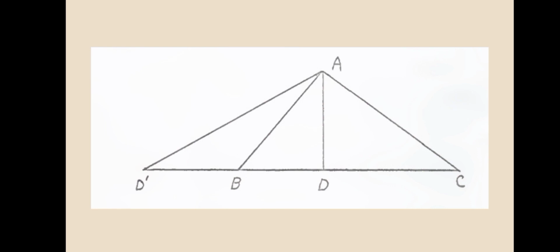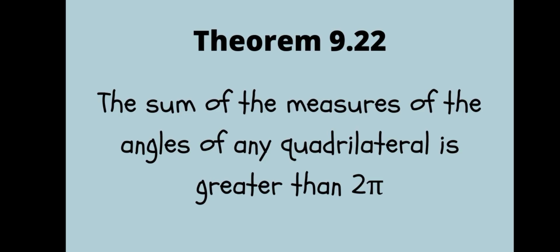The amount by which the sum of the angles of any triangle exceeds pi is called the excess of the triangle. By this, we have proved that the sum of the angle measurements of any triangle is greater than pi. Next, we have Theorem 9.22.